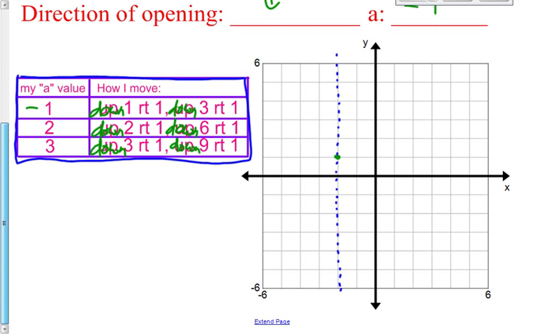If I have a negative 1, I'm going to go down 1, right 1 from my vertex. And then from that point, I'm going to go down 3, 1, 2, 3, right 1. And then parabolas are always symmetrical, so it's going to be down 1, left 1, down 3, left 1. And then I connect my dots. And I have a parabola that looks like that.